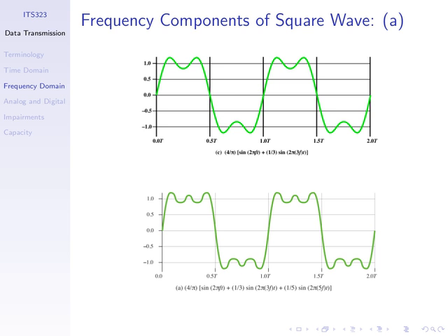I'll come up here. That's a bit clearer. 2 bits in half a microsecond, the period of the signal. Therefore, 1 bit in a quarter of a microsecond.